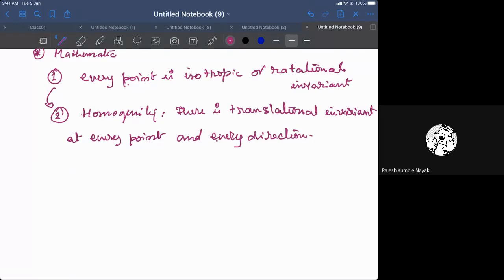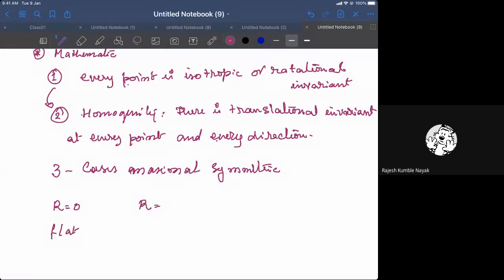So we know that for maximally symmetric spaces there are three cases, which are basically spaces of constant curvature. We have seen that in the case of R equal to 0, that is flat. R equal to a positive constant is a sphere.